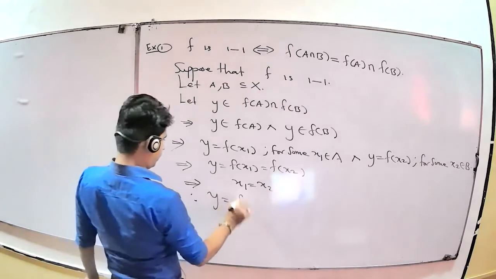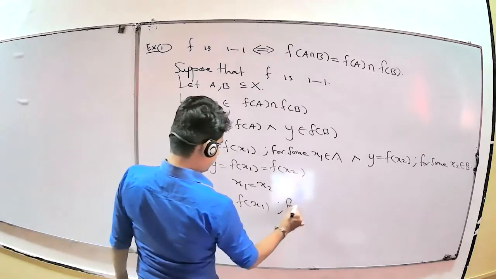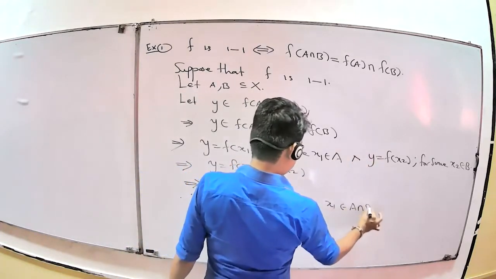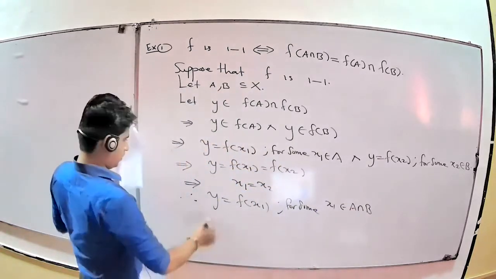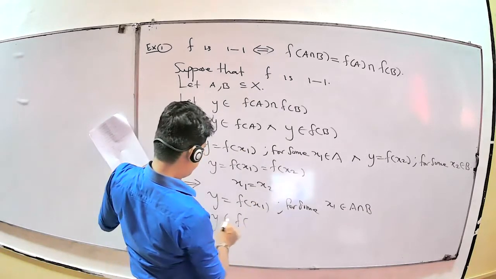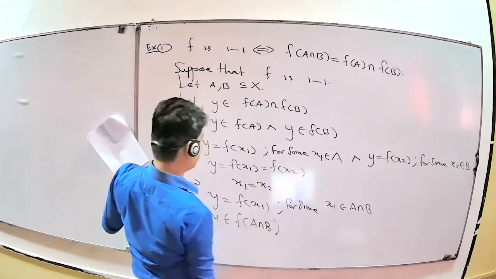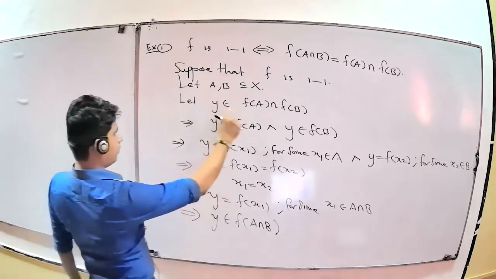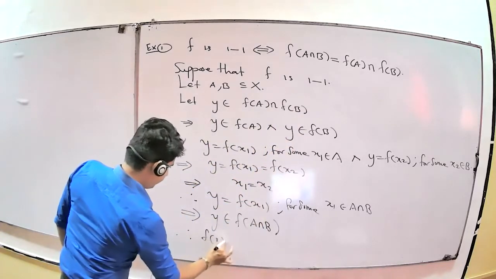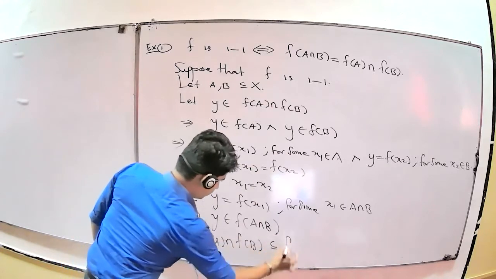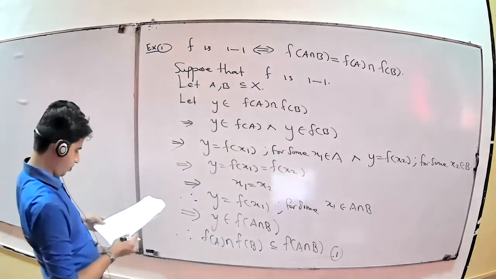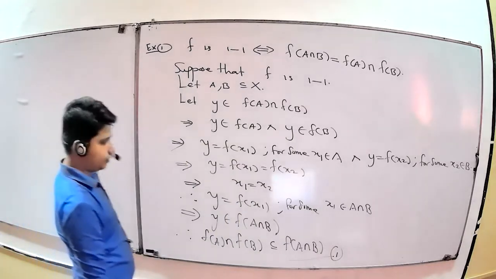Therefore y equals f of x1, where x1 and x2 are equal, so you can put x1 belonging to A intersection B. This implies y belongs to f of A intersection B. Suppose y belongs to f of A intersection f of B, we proved y belongs to f of A intersection B, therefore f of A intersection f of B is a subset of f of A intersection B. It is your first condition.